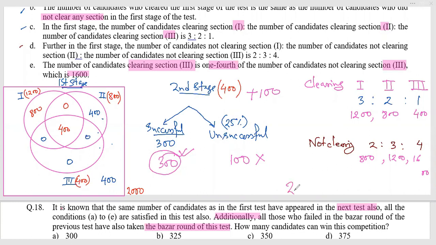If I am considering the second test, then in the second stage the number of people is 500 and 25% of it, that means 125, is actually unsuccessful now, and the other 375 have cleared it, that means got the math excellence. So the answer to how many candidates can win this competition is 375. That means option D is my answer to the question.